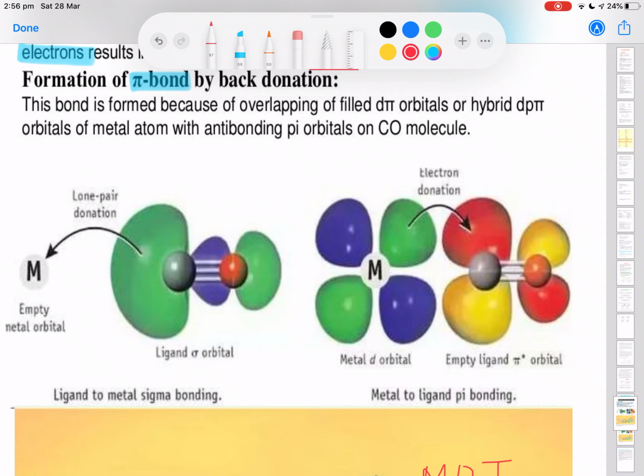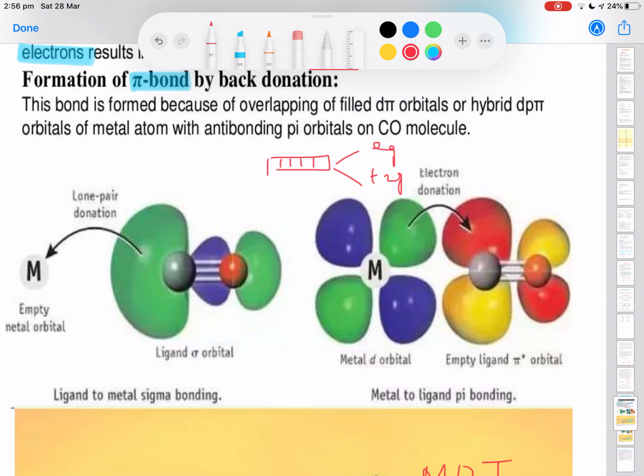So I'm talking about basically the degenerate d orbitals. Here we also understood that degenerate orbitals split in the form of T2g set and Eg set, and the pairing depends upon the nature of the ligand.